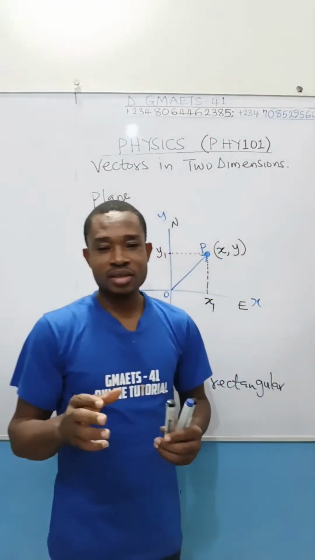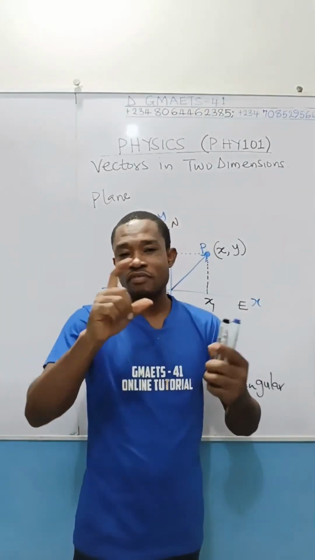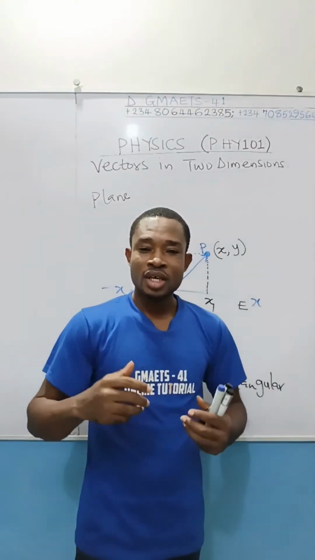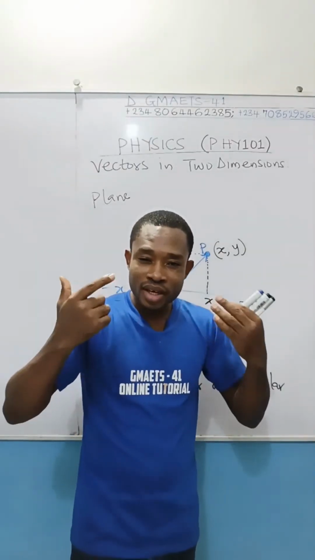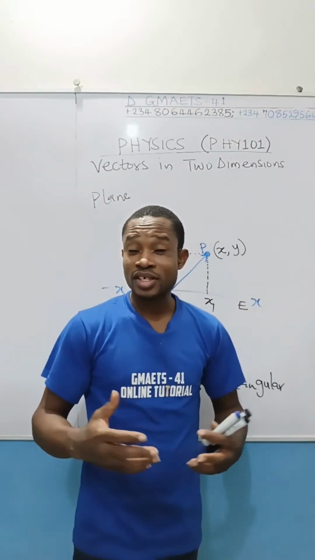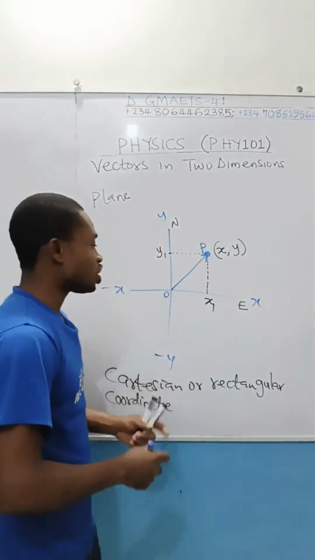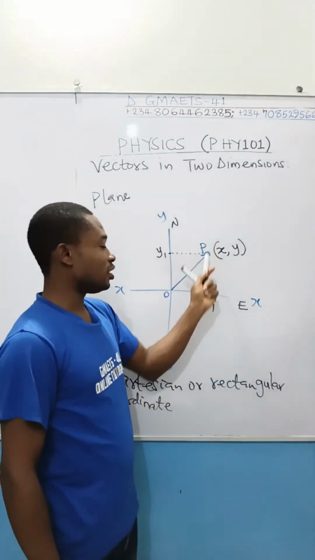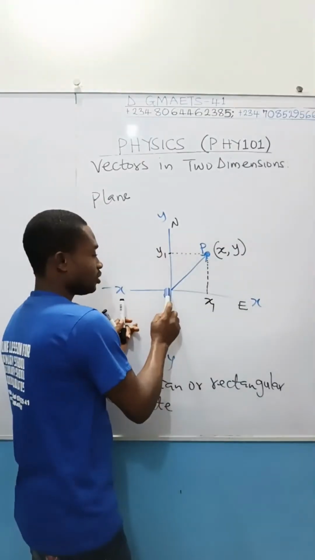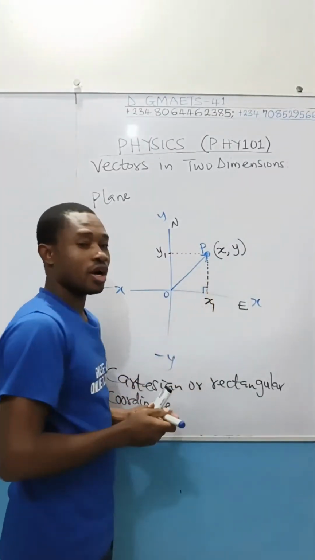The first, and what I consider the most important concept of resolving vectors in 2 dimensions, is bringing in the concept of Pythagoras theorem or Pythagoras rule. Is that okay? Now, if you look at this shape, OPX1, this shape is a right angle triangle.